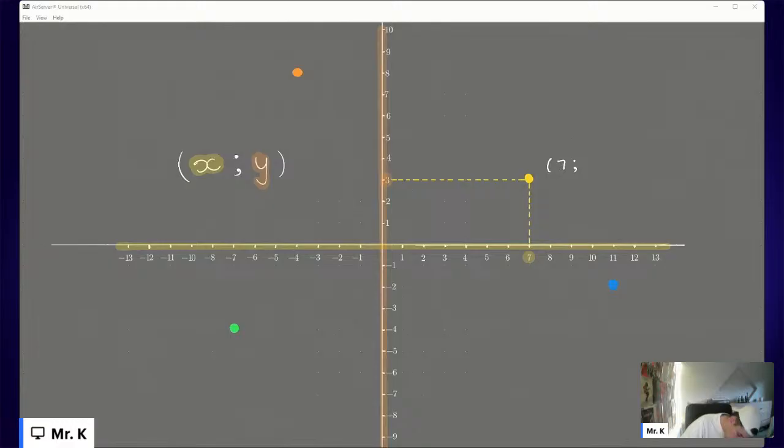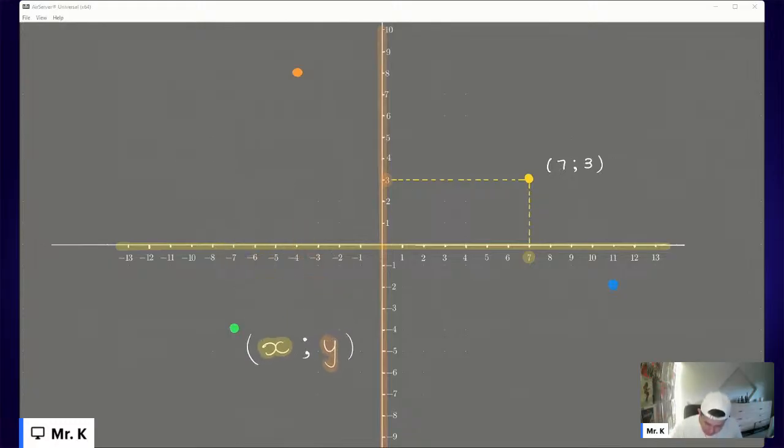So we're going to go ahead and write down the 3 into brackets over there. And there you have it, grade 7s. The coordinates of the yellow dot is the point (7, 3), where 7 represents the x value and 3 represents the y value.